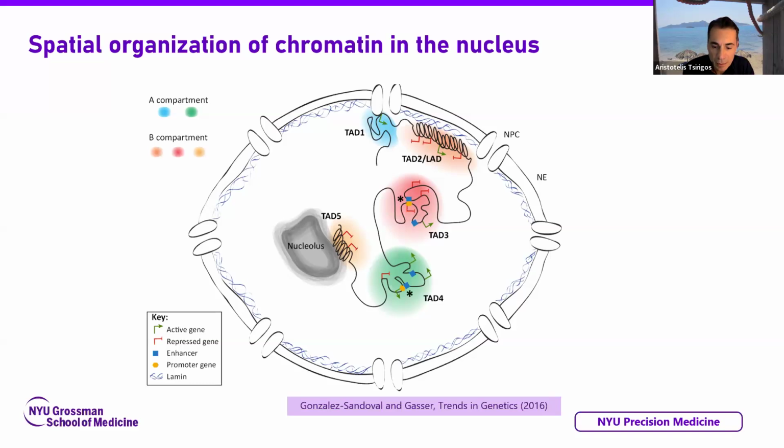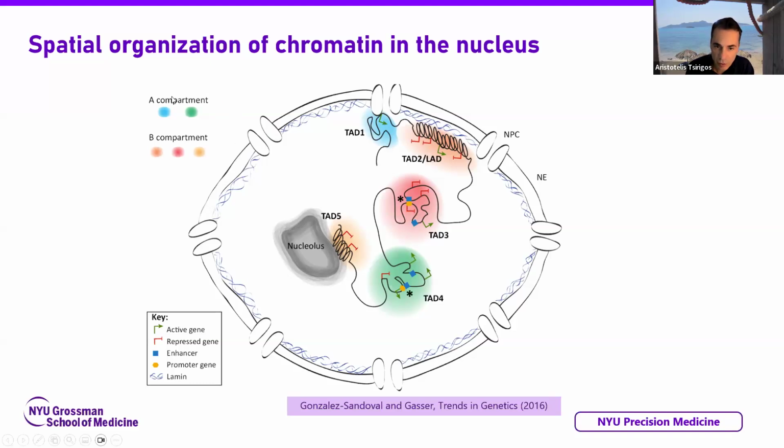But scientists have discovered over decades that the way this long chromatin inside our nucleus folds has regulatory consequences. It's important for gene regulation, in other words. And actually, people have found that at different levels of chromatin organization inside the nucleus, starting from A and B compartment.